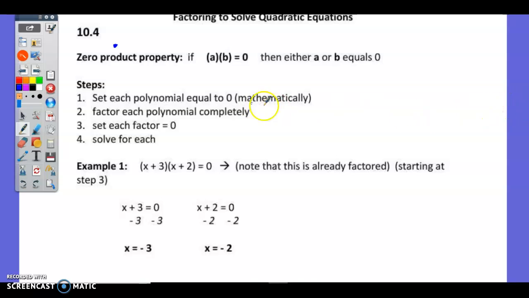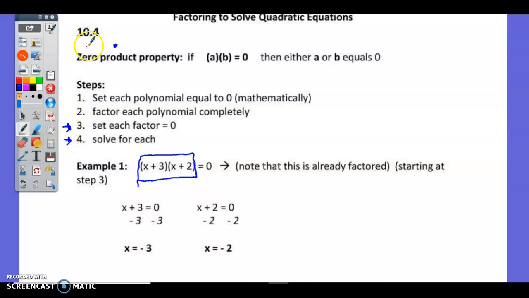All right, so to solve using the zero product property in factored form, which means we have two parentheses, so they're already factored out, we would set each of these equal to zero. We're basically starting with steps 3 and 4 here.